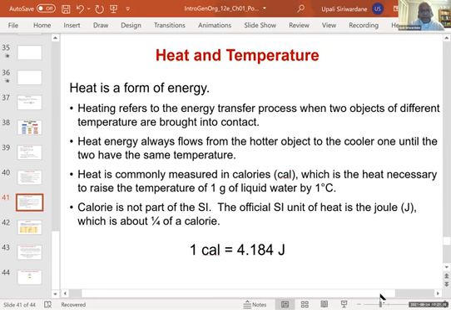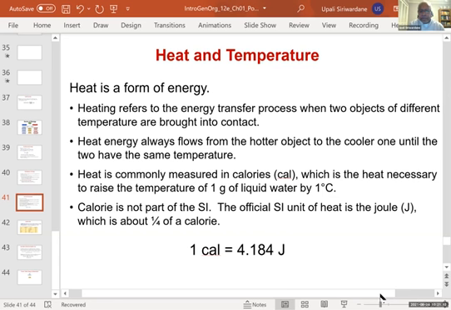When one object is hotter than the other and they are brought into contact, they transfer heat energy. The movement of particles in the hot body is faster than in the cooler object. So all particles end up moving at the same kinetic energy. Thermal equilibrium is reached and the two bodies are at the same temperature.